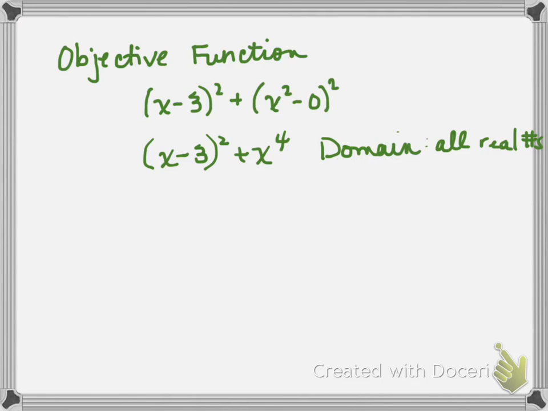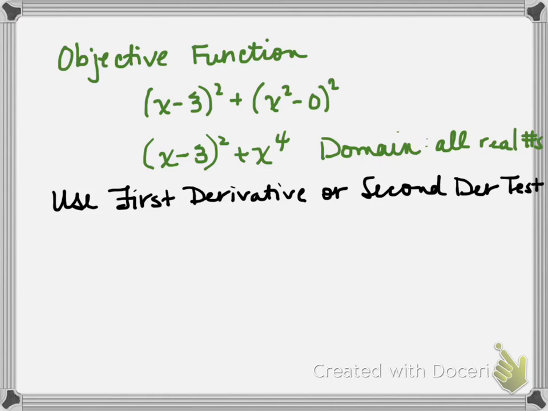But the domain of our objective function is all real numbers. And so we have to use the first derivative test or the second derivative test, and then hope that we only have one critical value or some other means to determine that we do have a global minimum.